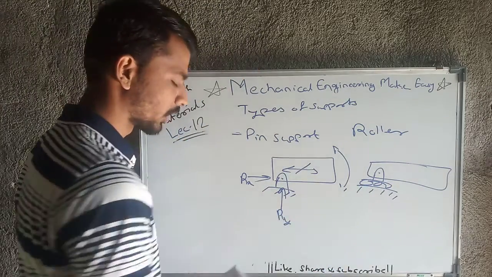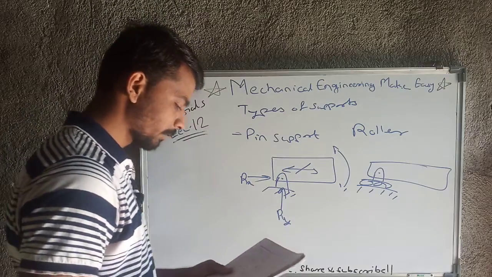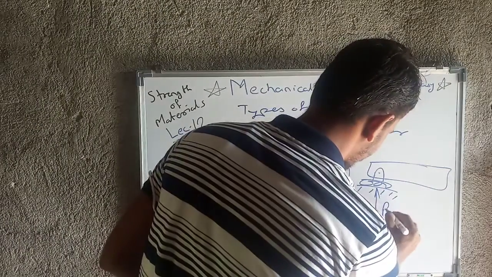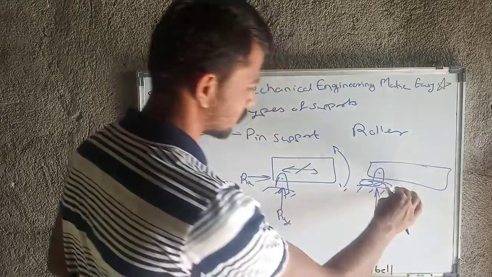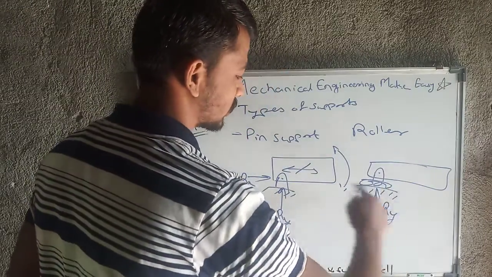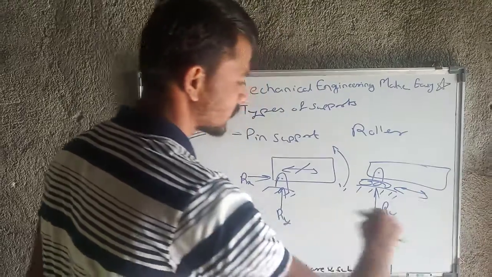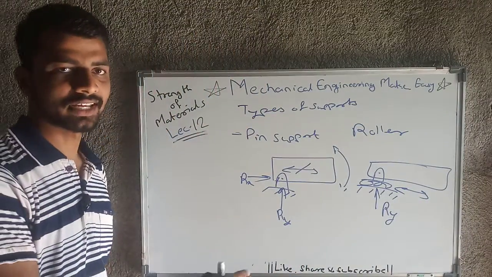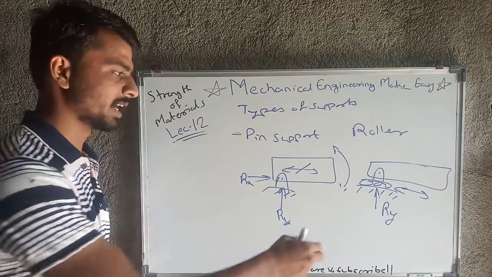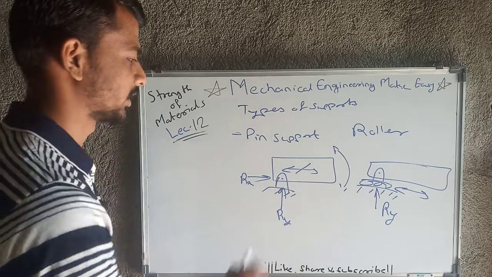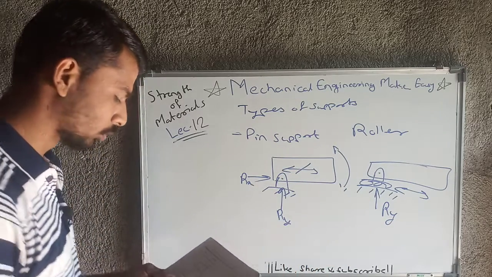This is roller support. So here the reaction is only one, that is Ry, because it can move in this direction. Because of these rollers, movement in the x direction is permitted. That's why the reaction will not have any value in the x direction. This is the case of roller support.